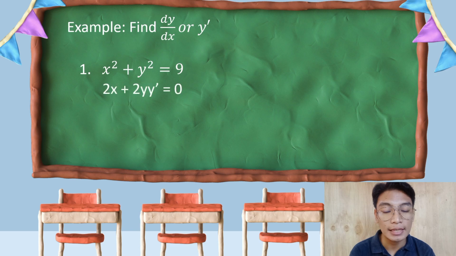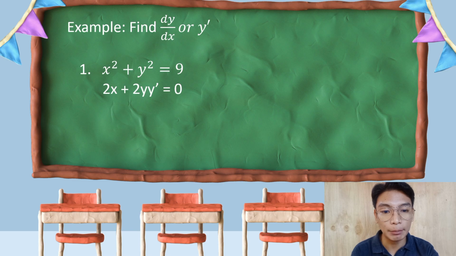As I have said earlier, if we have the variable that has y in it, we are just going to add y prime. So we are going to have 2y y prime, and the derivative of 9 is equal to 0 as it is constant.